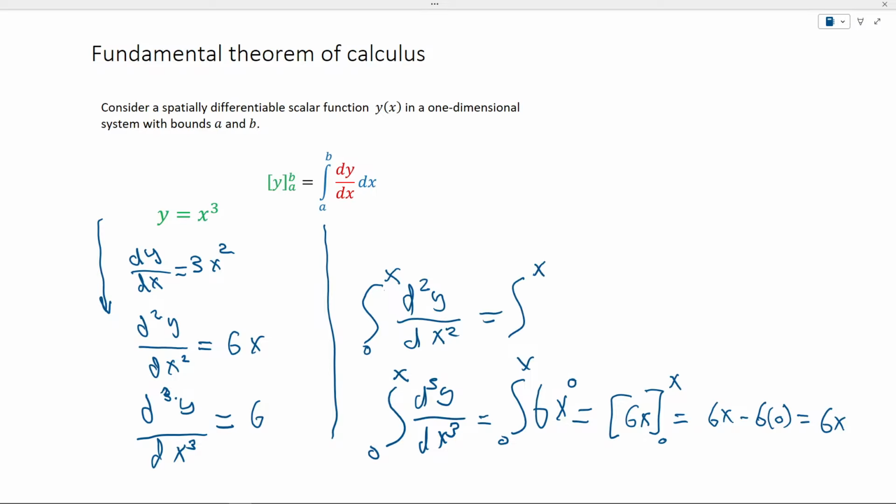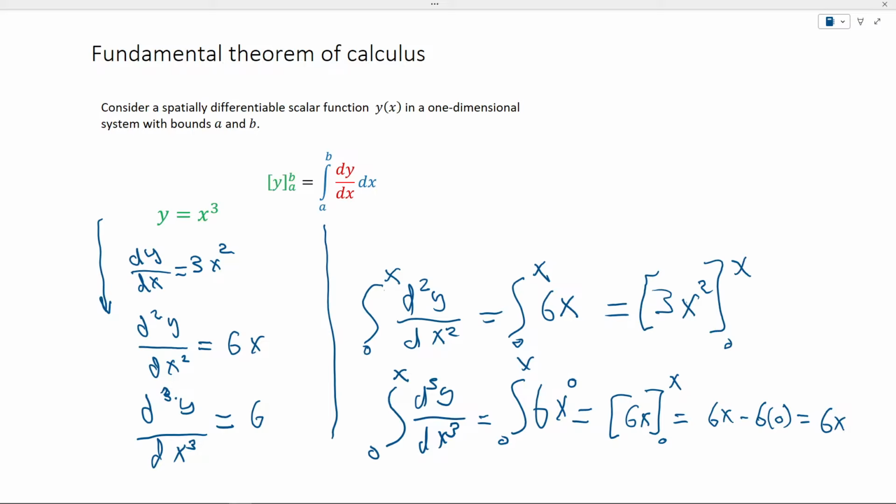That would be 0 to x, 6x. And if I integrated this guy, remember how you do it, you add 1 to the power here, so that would be x squared, and then you divide by 2, so 6 divided by 2 is 3. And you evaluate this from 0 to x.